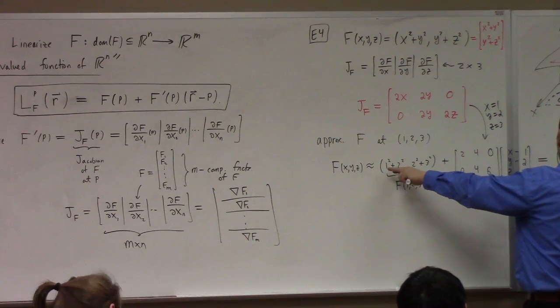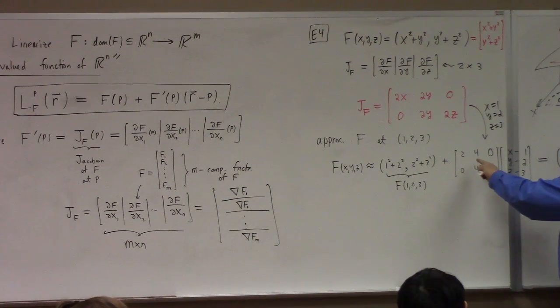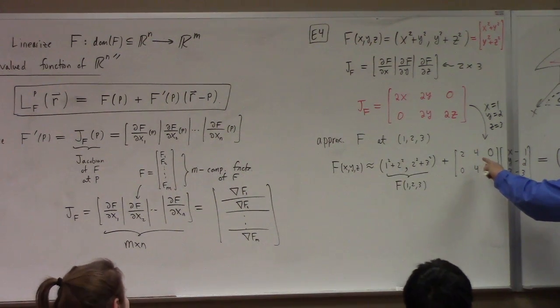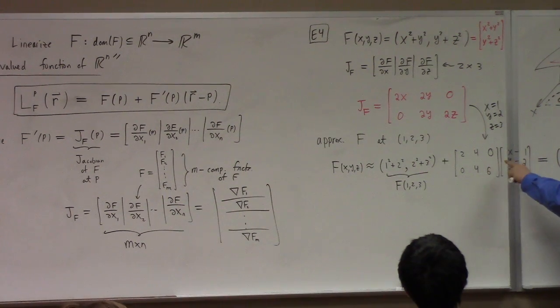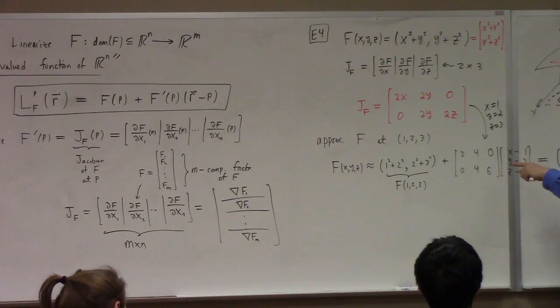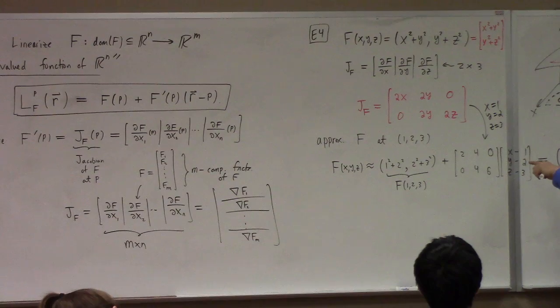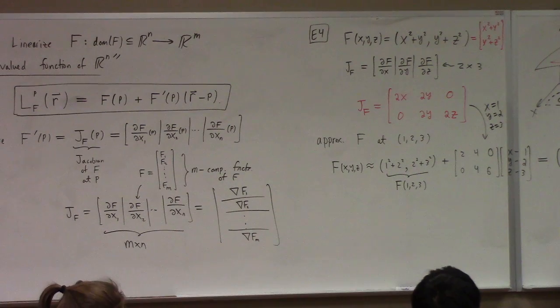That's 5 plus 2 times 2 times x minus 1 plus 4 times y minus 2. There's no z term, comma. 4 plus 9 is 13 plus 4 times y minus 2. And I won't even multiply this out. I'll just leave it like this. Plus 6 times z minus 3.